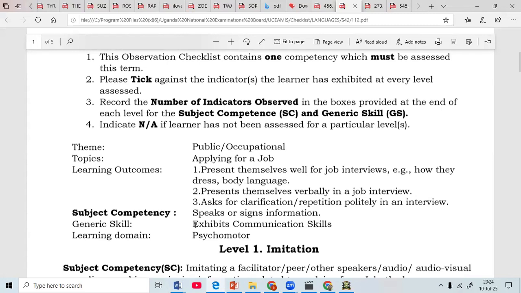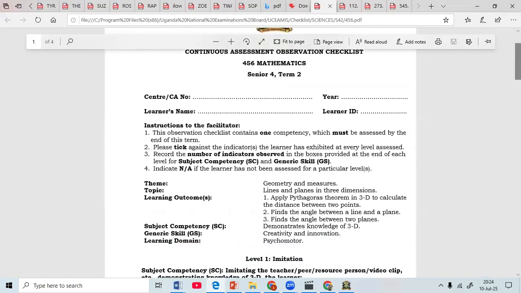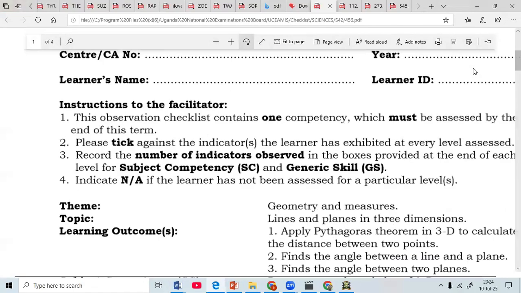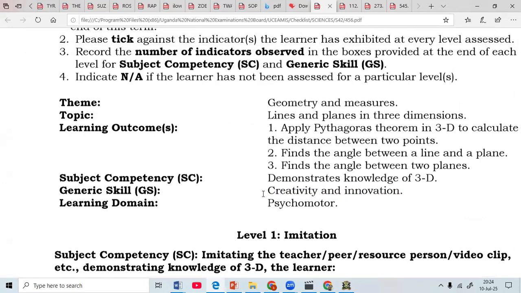So we do expect that as you are planning the CAI to the scenario, this activity, you look at the skill that the child must be able to exhibit at the end of the day. Be it even mathematics. Even if it is mathematics, you ask yourself, which skill do we want this child to attain? An example here, we are looking at creativity and innovation. You ask yourself, which activity will bring out this particular skill?